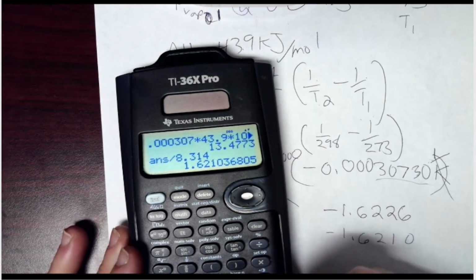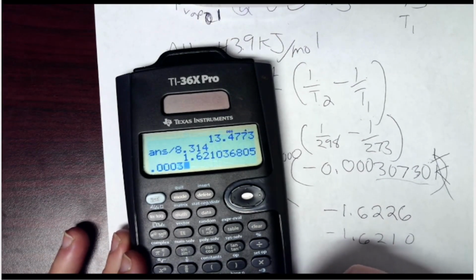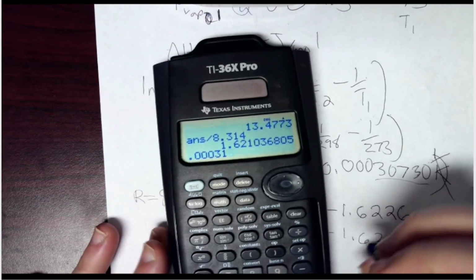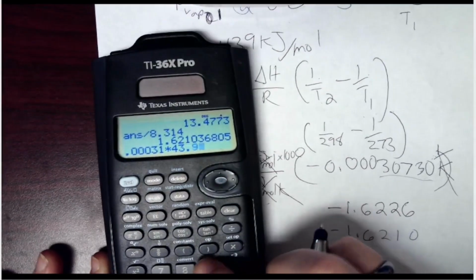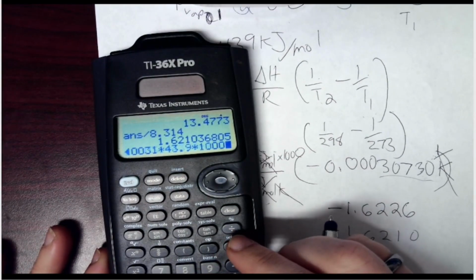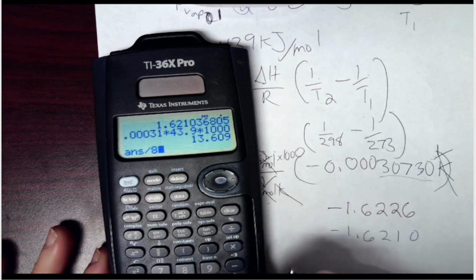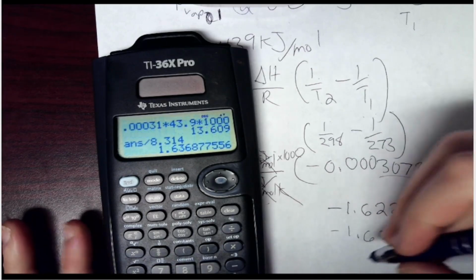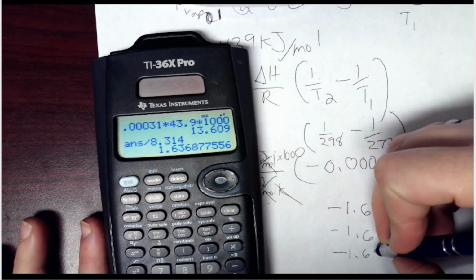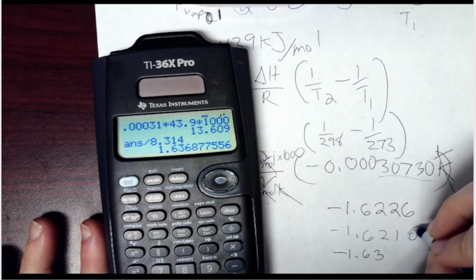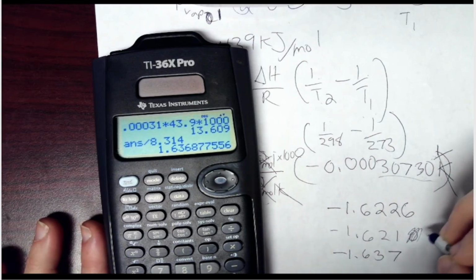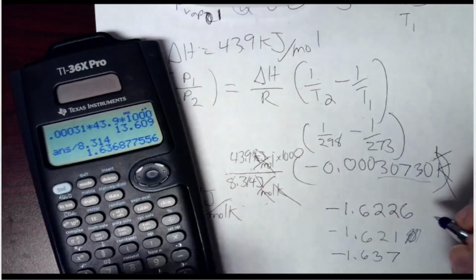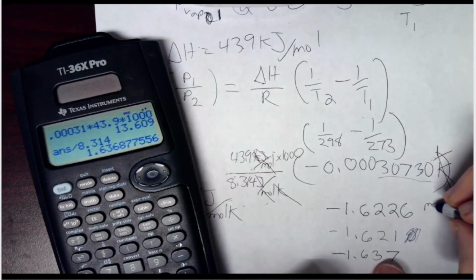And what if I said 0.00031? 31. I rounded again. If I rounded, you will see why rounding is a bad thing. Rounding unnecessarily. 8.314. So this is maybe 3. Well, let's say I'll round it to there. Okay, this is most accurate.